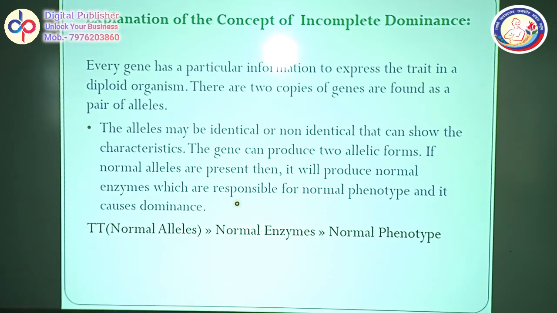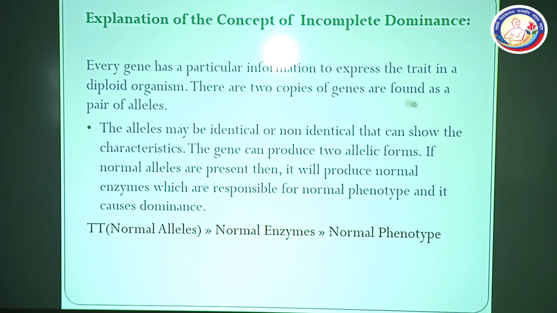Explanation of the concept of incomplete dominance. How will you explain this concept? Every gene has particular information to express the trait in a diploid organism. There are two copies of genes formed as a pair of alleles. The alleles may be identical or non-identical, and that can show the characteristics. The gene can produce two allelic forms.